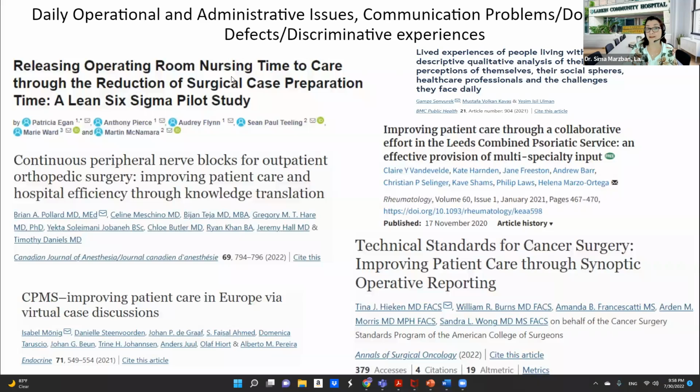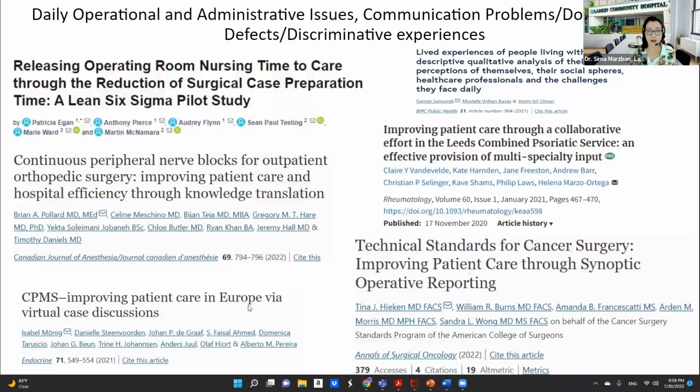So that's a type of waste in the operating room that you're developing a solution to reduce, those wastes and those errors. Continuous peripheral nerve blocks for outpatient orthopedic surgery, improving patient care and hospital efficiency. Through what? Knowledge translation.